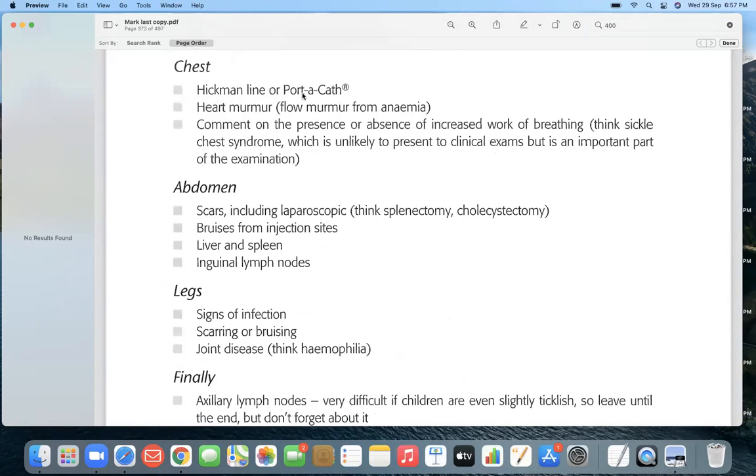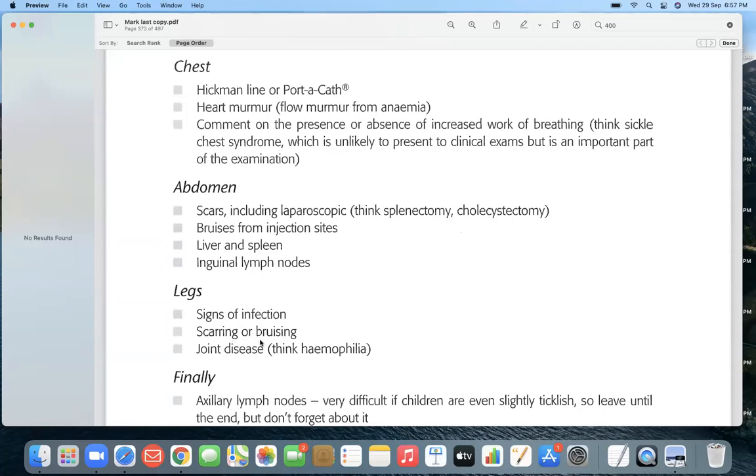In the chest, they may have Hickman line and Port-a-Cath, and flow murmur of anemia. And there can be distress in acute chest syndrome. Scars, including laparoscopic. If there are multiple, you have to observe for splenectomy and cholecystectomy. Bruises at the injection sites, liver and spleen palpation, inguinal lymph nodes. So we studied all lymph nodes, cervical, axillary, inguinal, all lymph nodes have to be palpated.